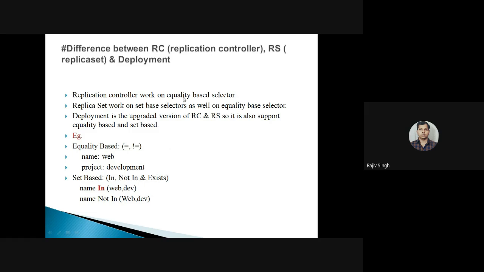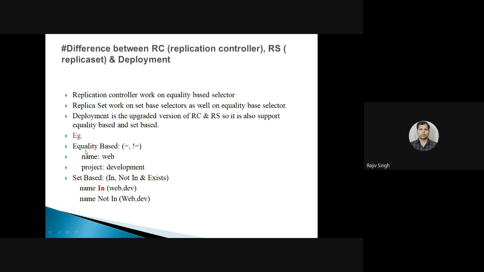That's why the replication controller has the equality based, and the replica set has the equality based as well as the set based. Deployment is also the upgraded version of all those, so Deployment also has the equality based and the set based labels. Why is a label required? Suppose we give a label, name equals web, to pods, and out of 10 pods running in my cluster, 5 pods have the label name equals web.